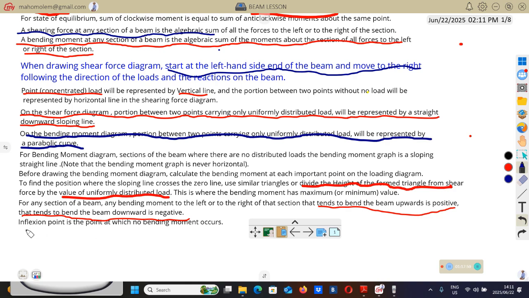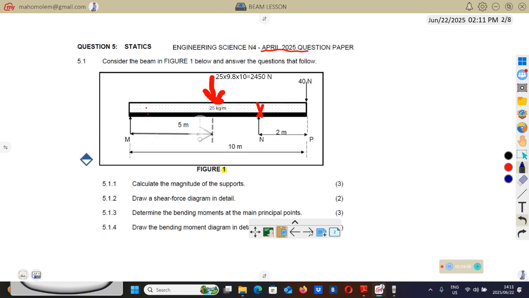Yeah, as you can see here, the inflection point is the point at which no bending moment occurs. Right, when I check here, we've answered all questions.